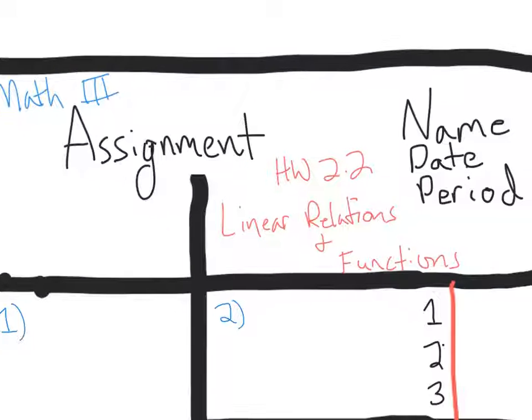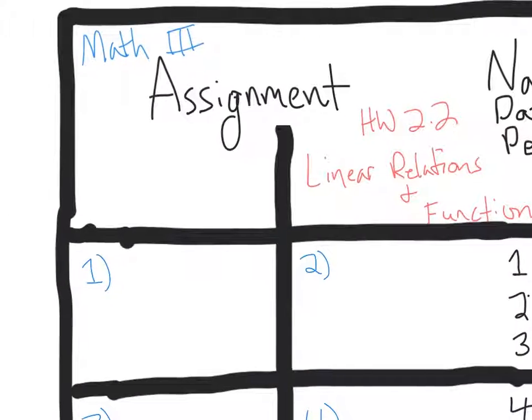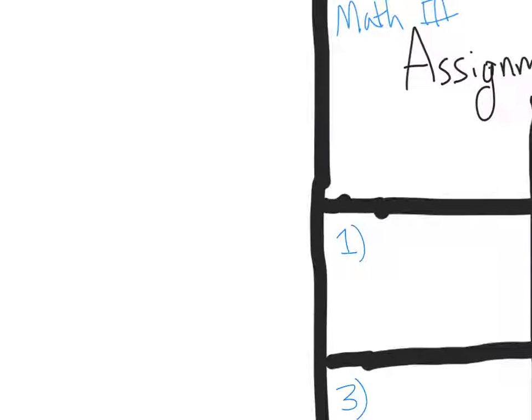I know it's been a while, but I wanted to help you guys out with homework 2.2, talking about linear relations and functions. So the main topics from today's lessons basically was just to kind of reintroduce or review slope-intercept form and standard form for linear functions.